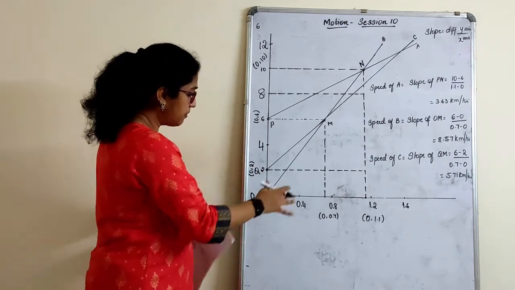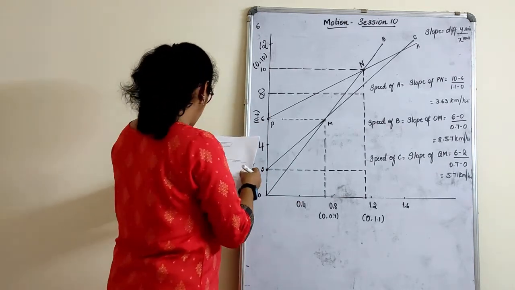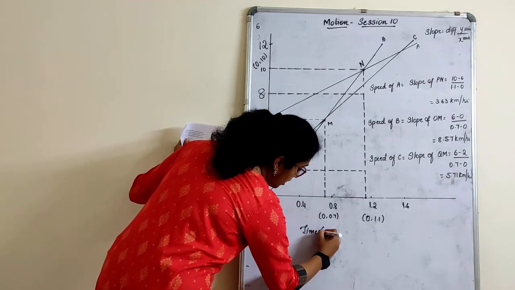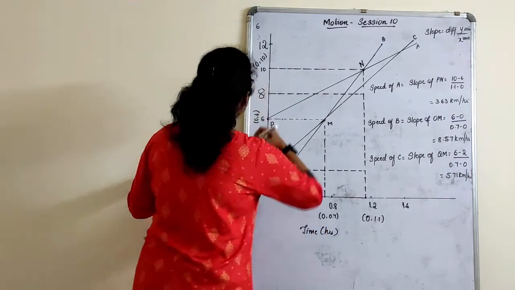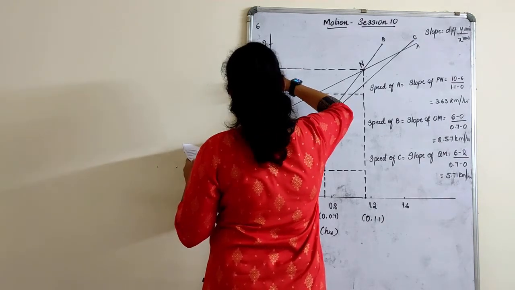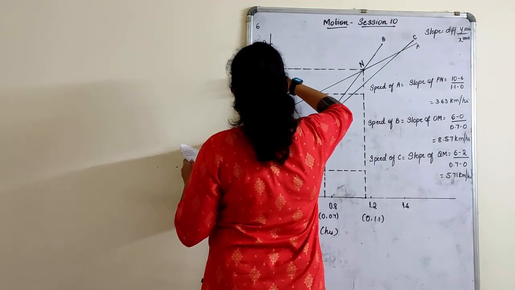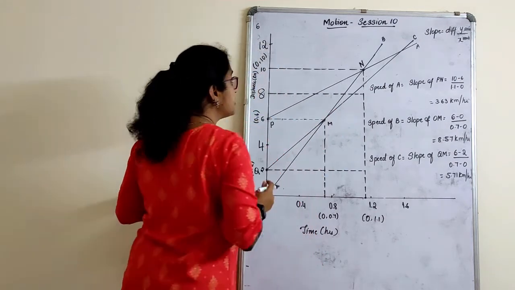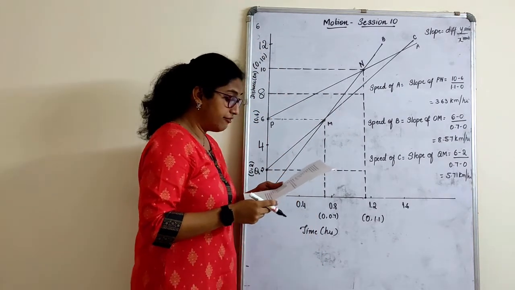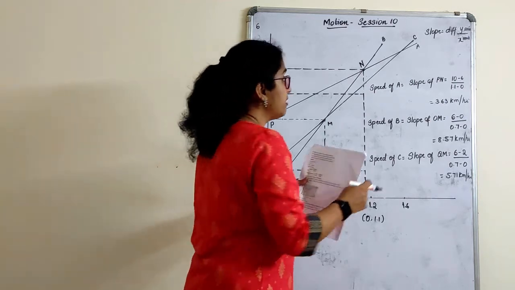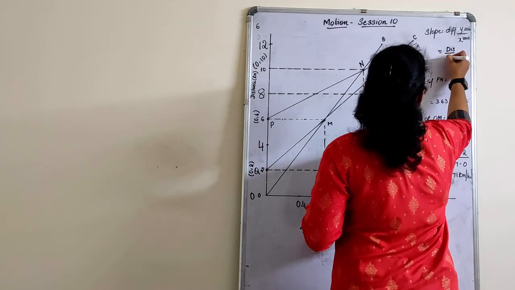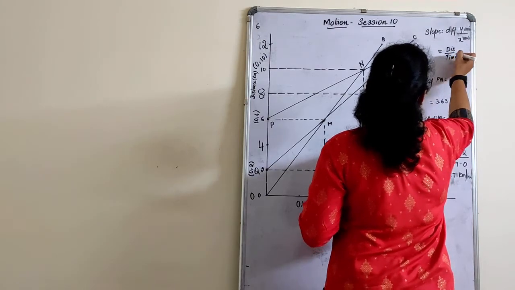So just give a brief explanation, x-axis and y-axis, where this is time in terms of hours, and this is distance in terms of kilometer. Always remember, the slope of a graph when we calculate is nothing but distance by time. What do we get in distance by time?